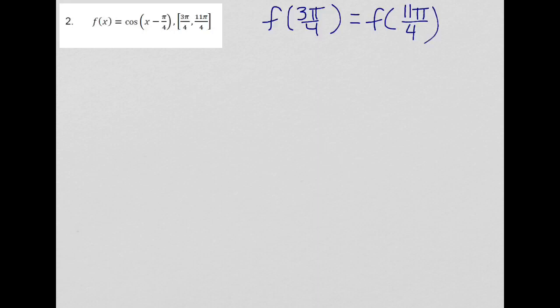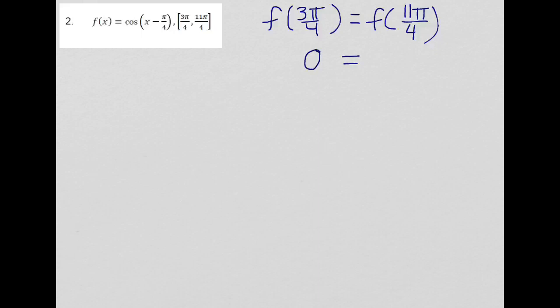Okay, number 2, is it continuous? Yes, it's cosine. Is it differentiable? Yes, it's cosine. So then the question is, does the value of the function at 3 pi over 4 equal the value of the function at 11 pi over 4? If we put this in, because of the minus pi over 4, it's actually cosine of pi over 2, which is 0.